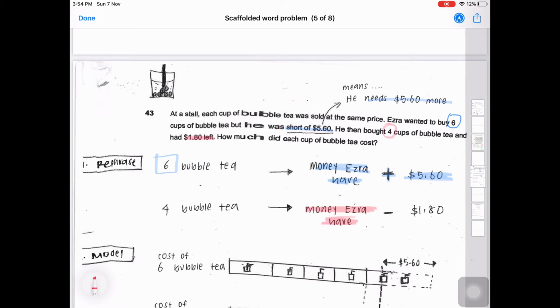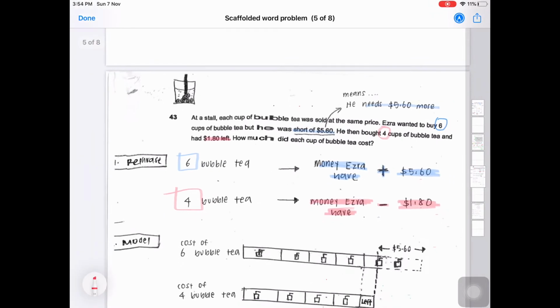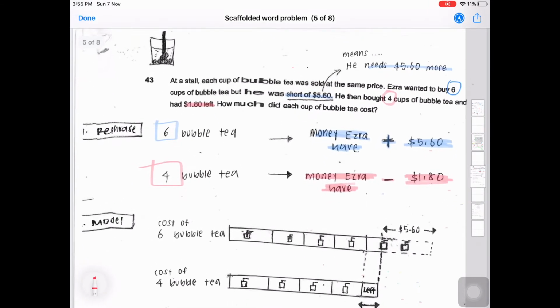So it means that the cost of the 4 cups of bubble tea is less than the money he has by $1.80, because this is what is left over, the change that he got after he bought 4 cups of bubble tea.